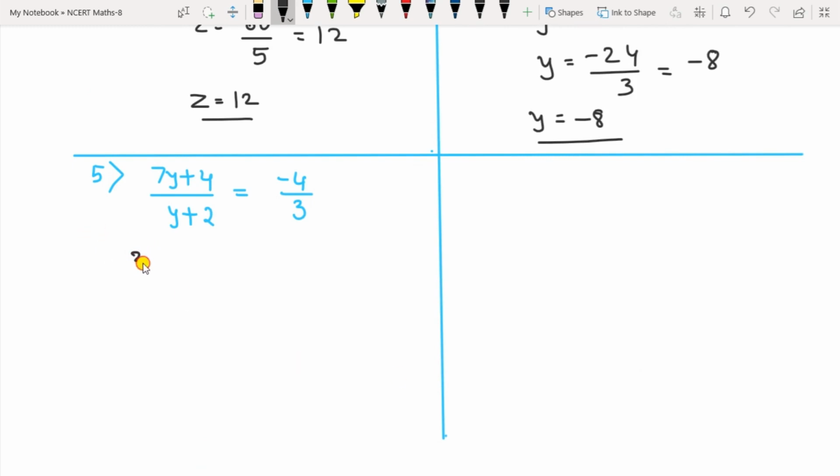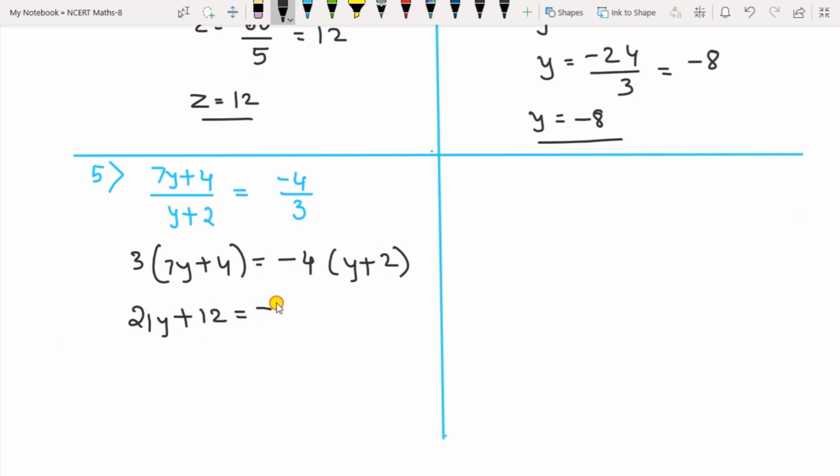The next one here is 3 bracket 7y plus 4 equal to minus 4 bracket y plus 2. So 7 3s is 21y, 4 3s is 12, equal to minus 4y, plus minus 4 2s is 8. So 21y plus 4y equal to minus 8 minus 12. Okay, this becomes 25y equal to minus 20.